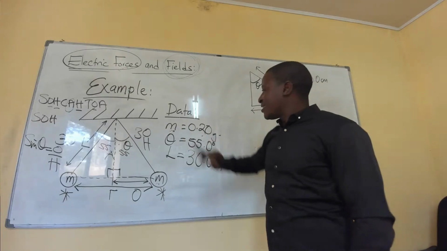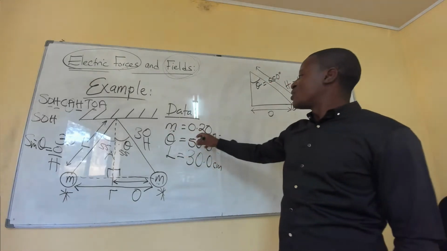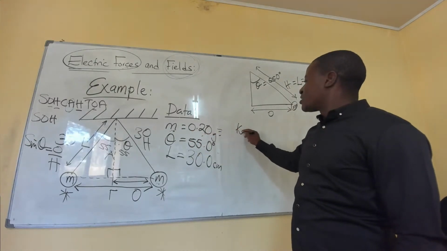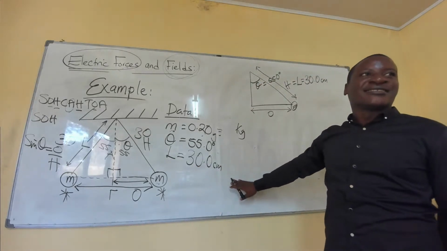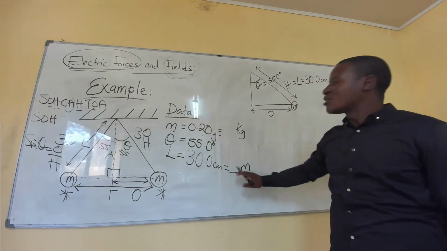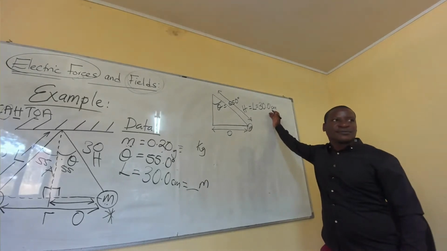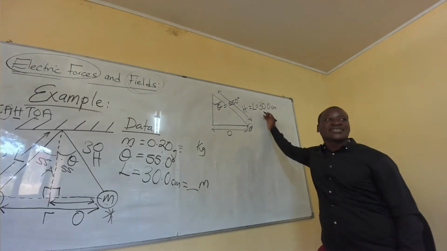So the easiest way: you know that this is mass, which is 0.2 grams. Immediately, you can convert this into kilograms. Here, you know that this is in centimeters, but this must be in what? In meters. So you can convert at this stage into SI units.